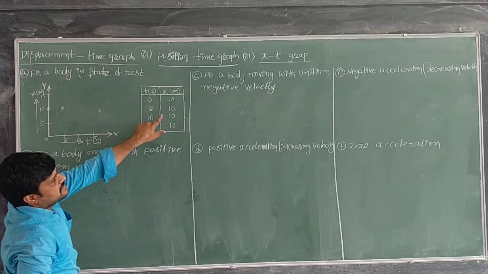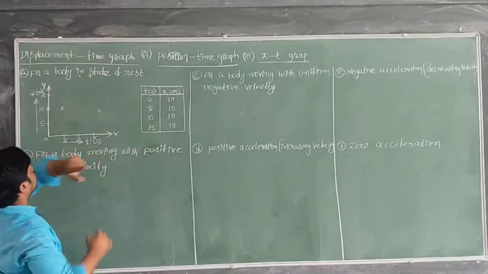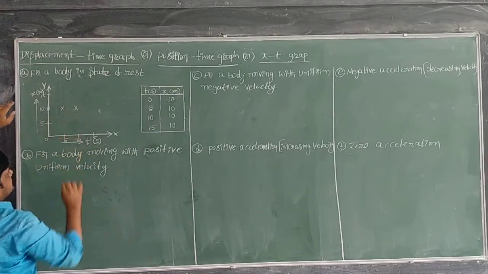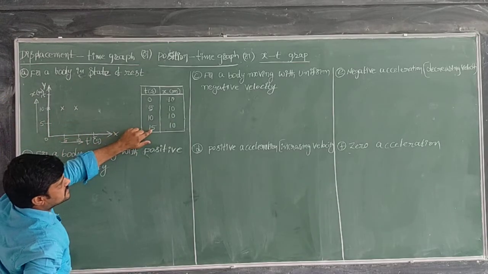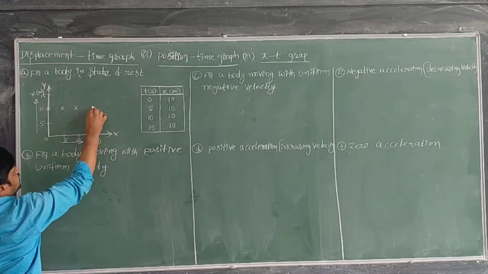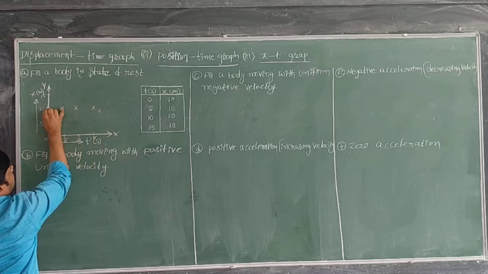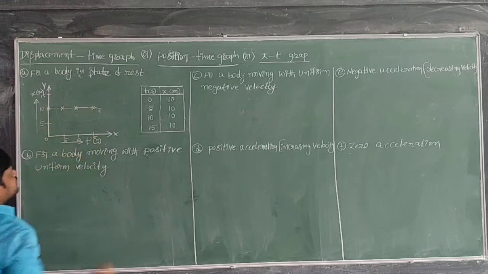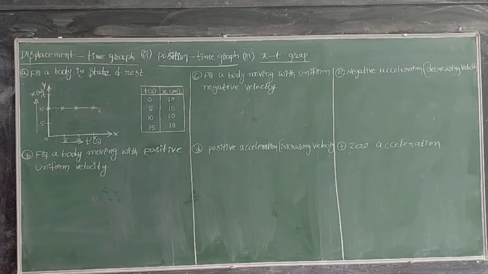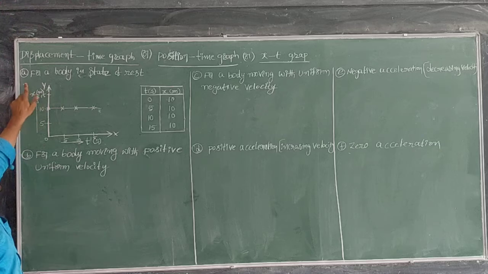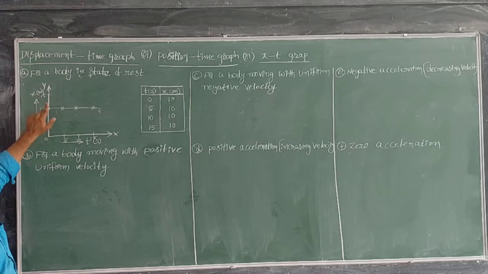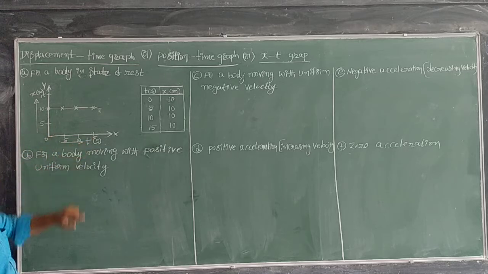For 10 seconds, the position is 10 meters. For 15 seconds, the position is again 10 meters. If you join all these points, you get a graph like this. That means when the body is in a state of rest, the displacement time graph is parallel to the time axis.